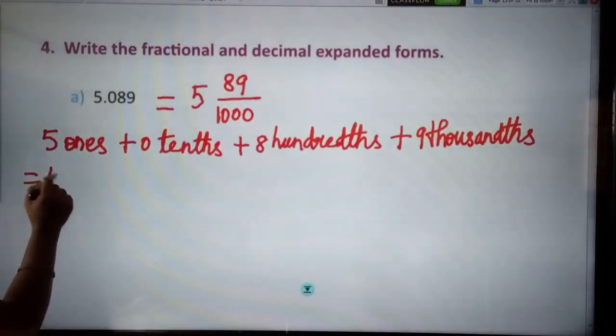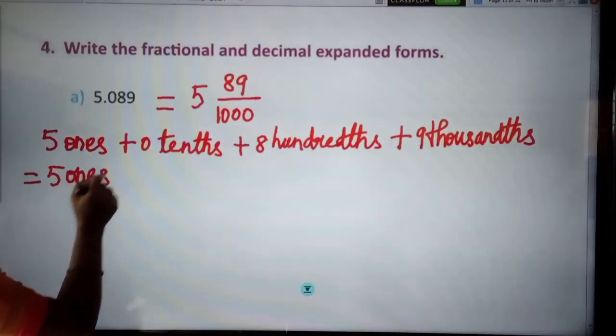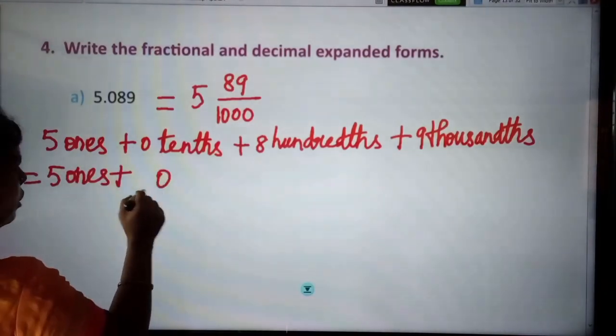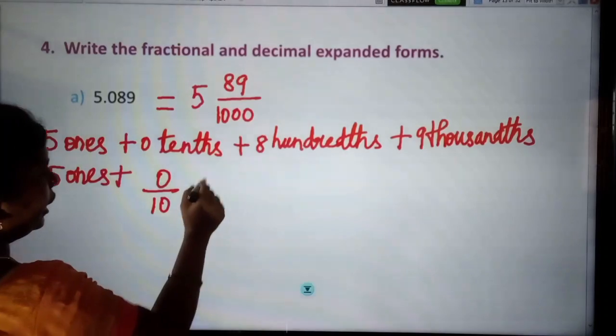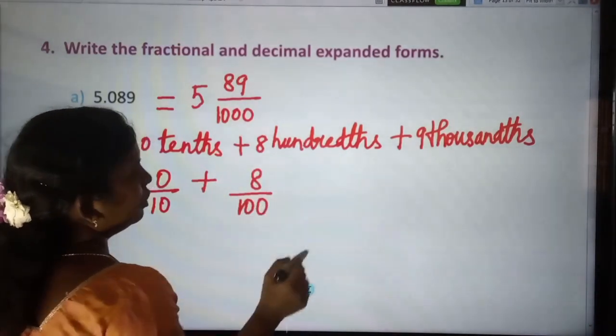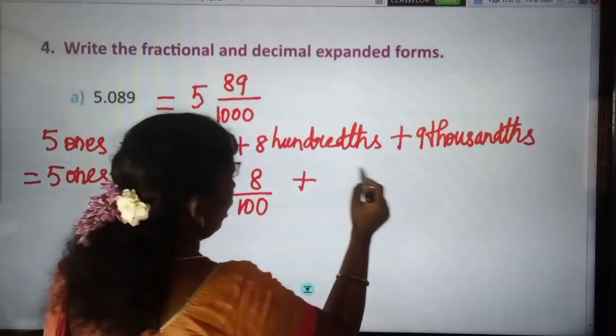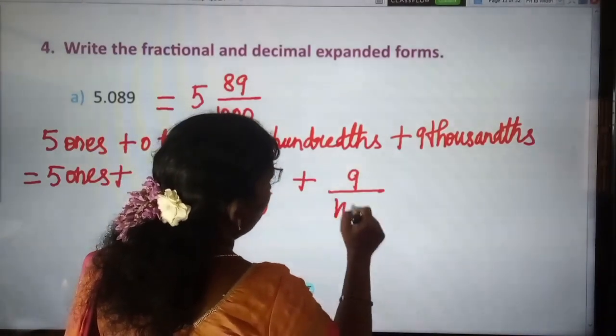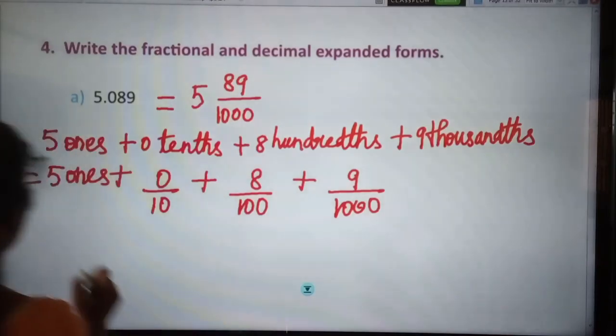Here this 5 ones we will write as it is. The 0 tenths can be written as 0 by 10. 8 hundredths is 8 by 100, plus 9 thousandths is 9 by 1000.